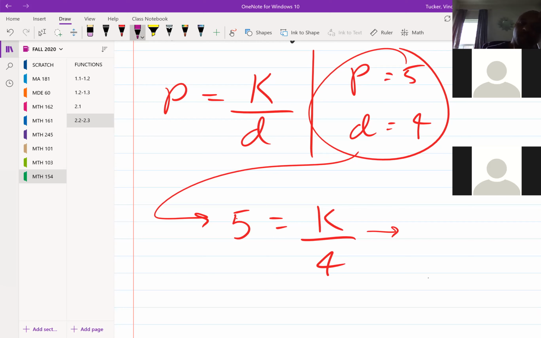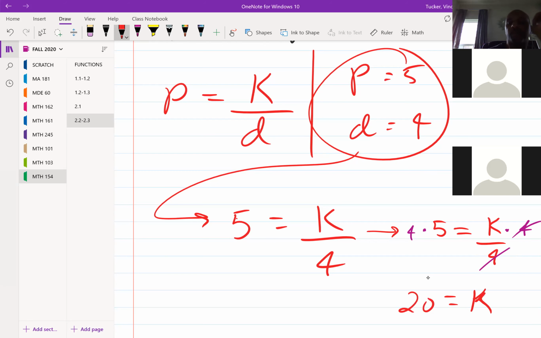So now multiply both sides by 4 because I want to solve for K. Fours cancel on the right. On the left, I have 4 times 5, which is 20.